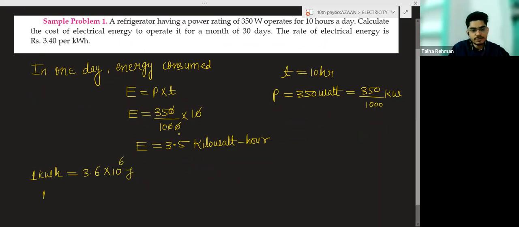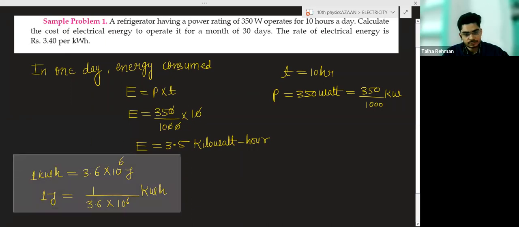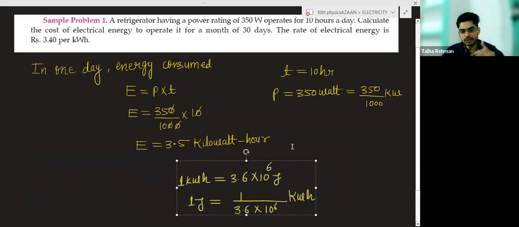So in 1 joule there will be 1 upon 3.6 into 10 to the power 6 kilowatt hour. In this way also you can calculate, but I am not going that way, because when we can solve in an easy way, why go by this method?